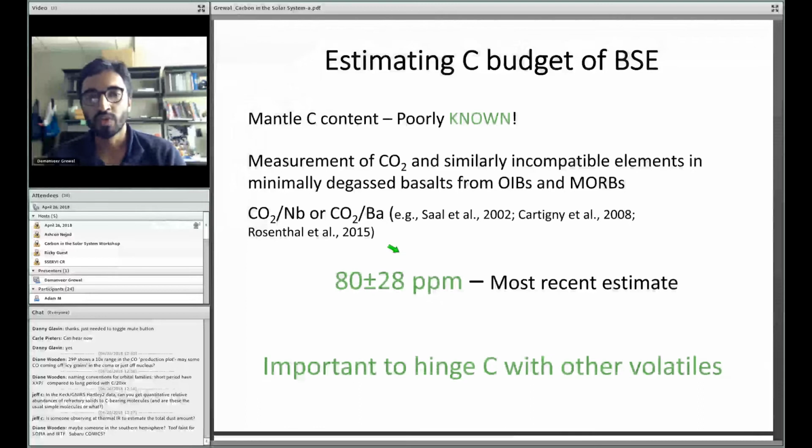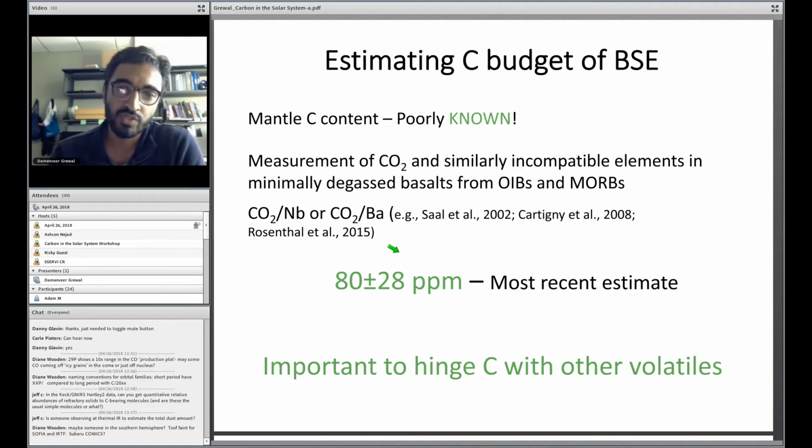Carbon content in the exosphere reservoirs is pretty well known, but the mantle carbon content is poorly known. We know the carbon in the mantle from measurements of carbon dioxide and similar incompatible elements, like the CO2/Nb or CO2/Ba ratios from minimally degassed basalts from the OIB sources and the MORB sources. The OIB sources tap the lower part of the mantle, while the MORB sources tap the upper part of the mantle.